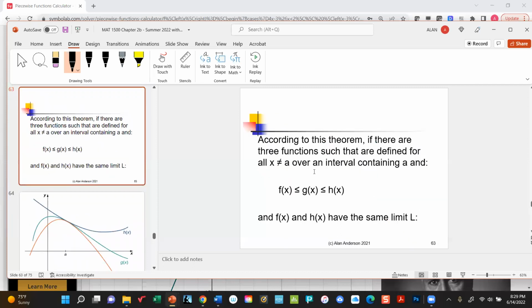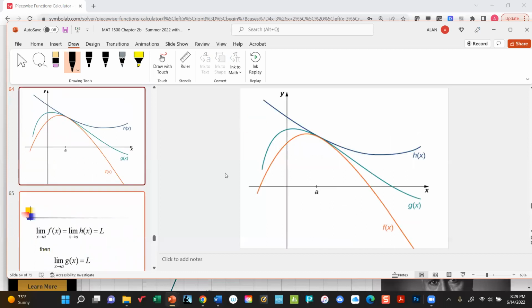Oh, by the way, I went right over this slide. It must be true for this squeeze theorem to work that these functions are such that no matter what the value of x is, f of x is the smallest. It's always the smallest of the three. Let's say h of x is the largest, and g of x is always in between the two of them. And you can see they do not ever cross each other.